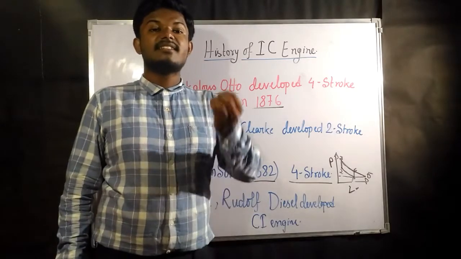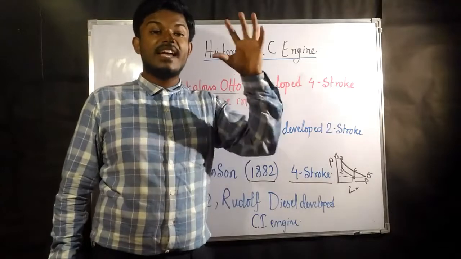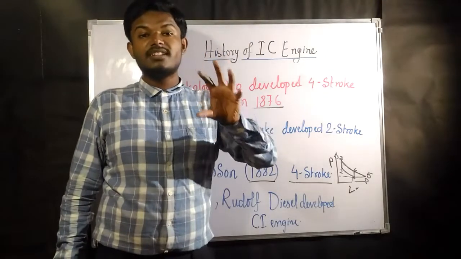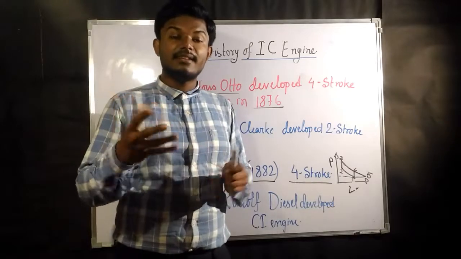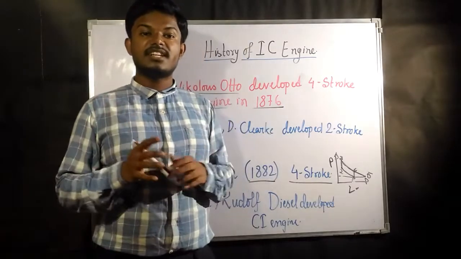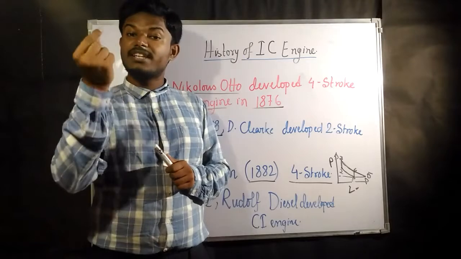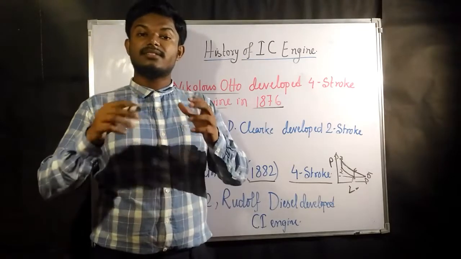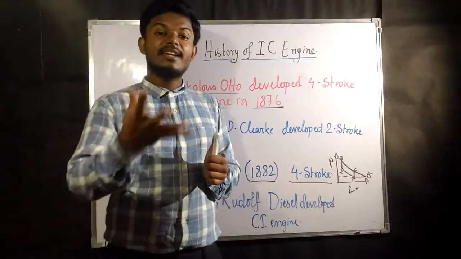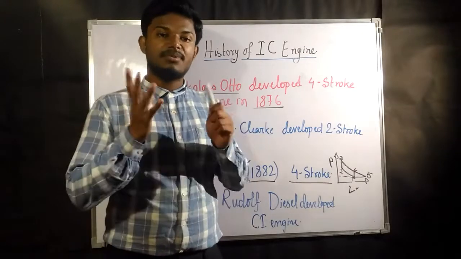And since its temperature increases, the air-fuel mixture inside the cylinder has a certain self-ignition temperature. Self-ignition temperature means that if we reach that temperature, certain things will ignite or combust by themselves.